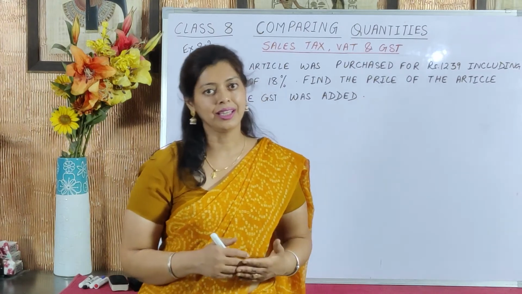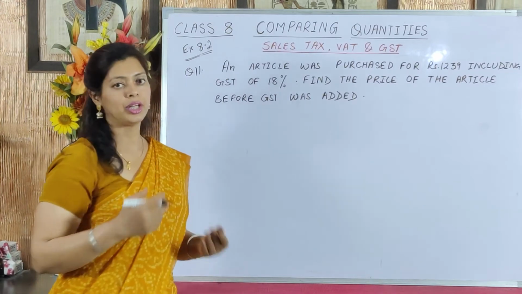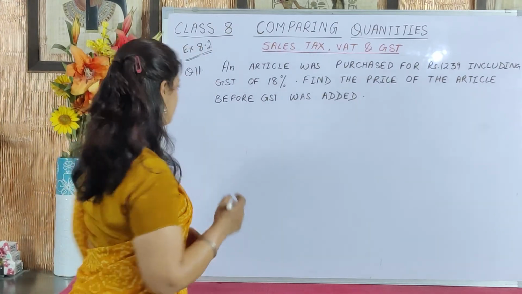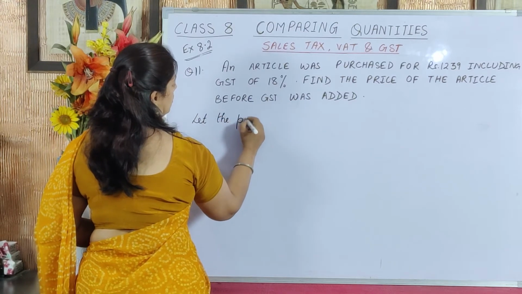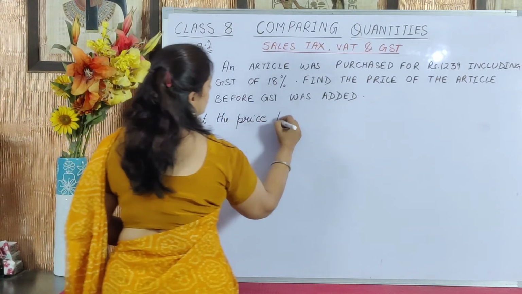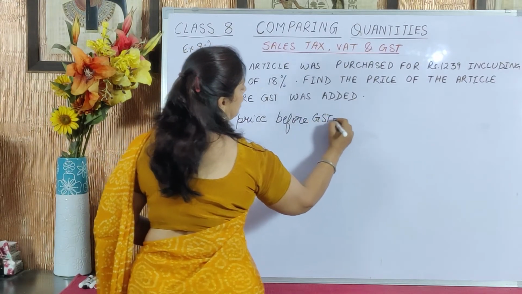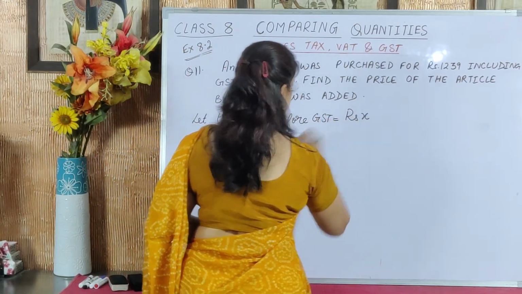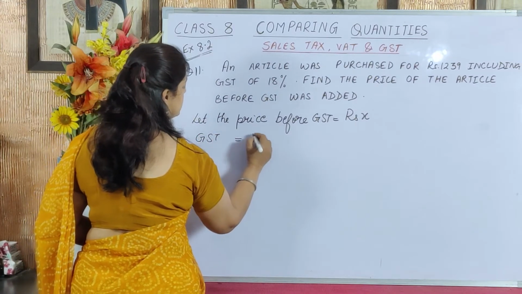So let's start with the solution. We can take the original price as rupees X. So let the price before GST be equal to rupees X. And what is the GST percent? GST is 18%.